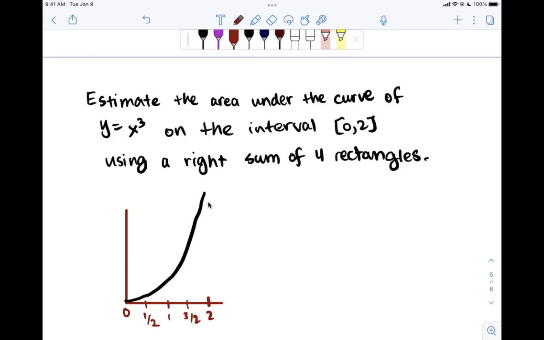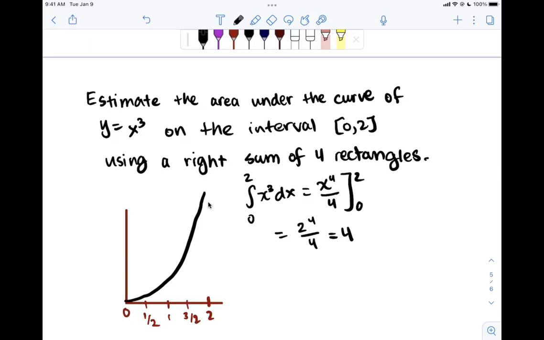So just as a sanity check, let's first work out what the answer should be. And then we'll do the Riemann sum. So the integral from 0 to 2 of x cubed dx, well, this is going to be x to the 4th over 4 from 0 to 2, which is 2 to the 4th over 4, which is 4.